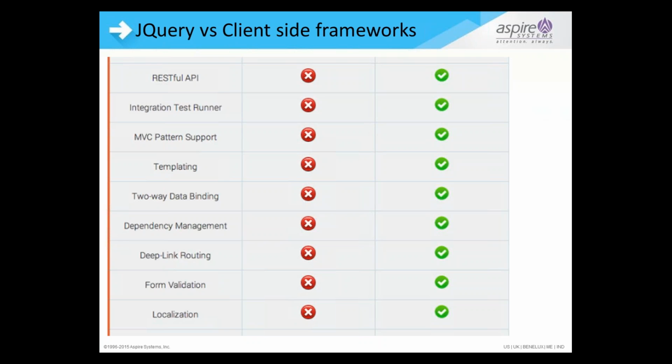Now it has to show here, which means I should do something, right? I have JSON data, I have a template with me, but will it do it automatically? If you use JavaScript, no. If you use jQuery, no. But if you use any client-side framework like AngularJS, it will do it automatically for me.